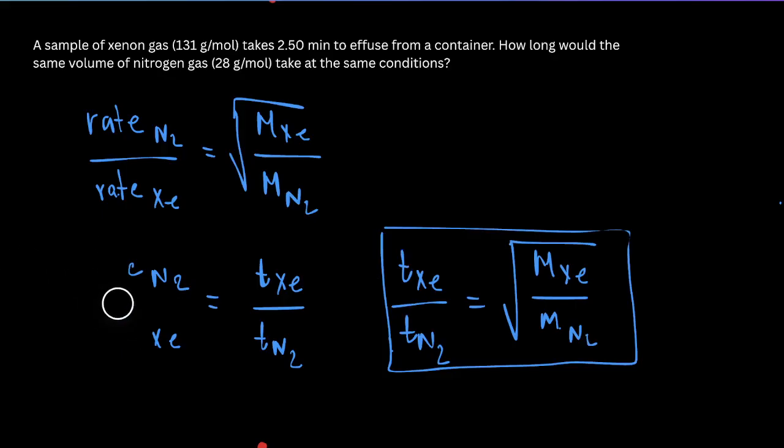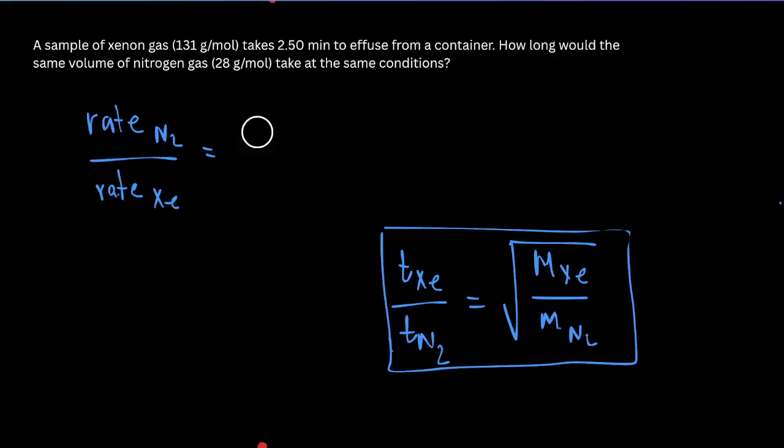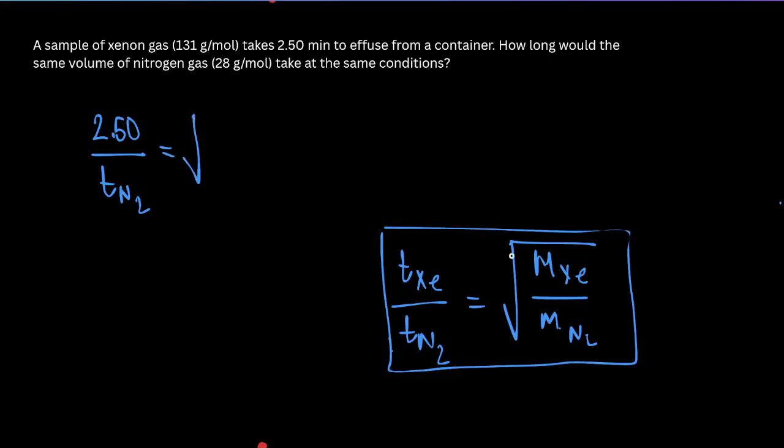So, clearing up some space, we can just keep this formula here so we can still see what we're trying to do. We are given our time for xenon to be 2.5 minutes, so 2.5, and we're trying to find the time it takes for nitrogen. And this is equal to the square root of the molar mass of xenon, which we're told is 131, divided by the molar mass of nitrogen, which we're told is 28.